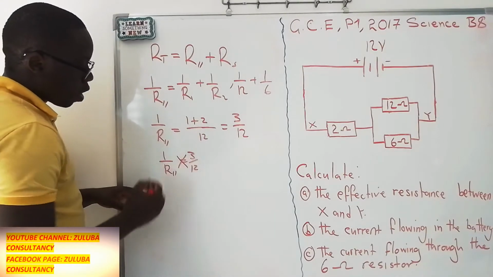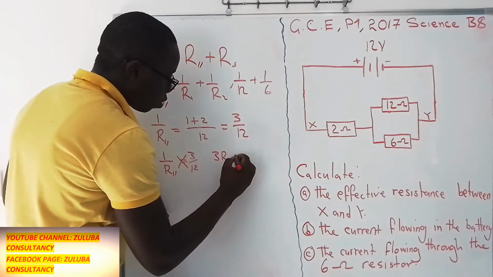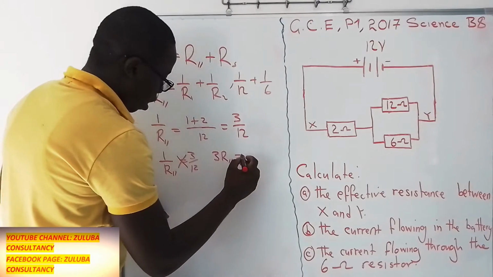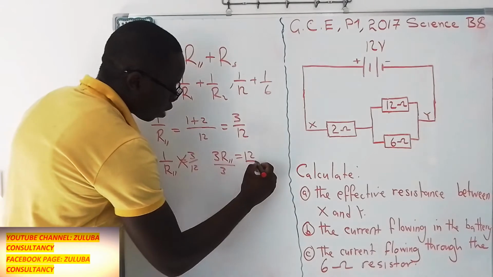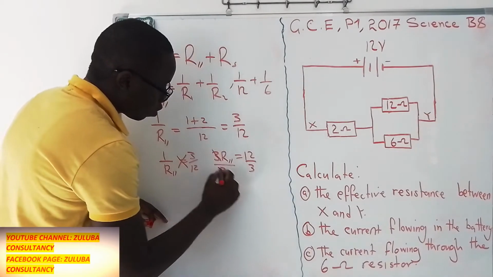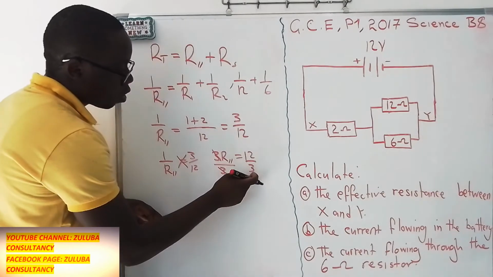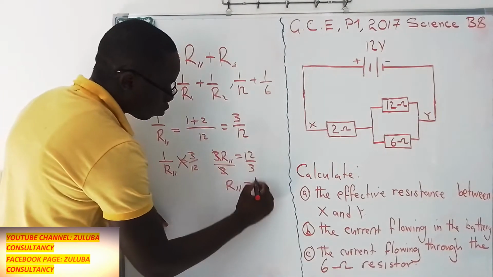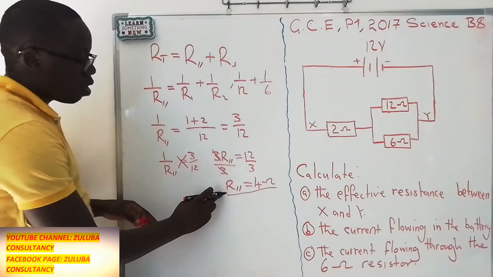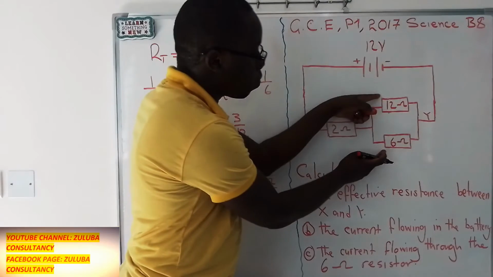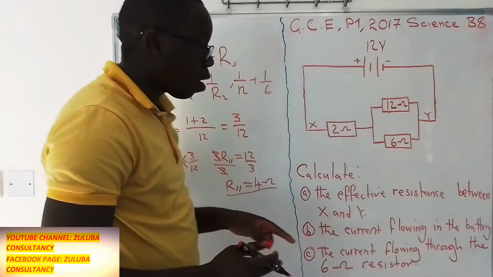When you cross multiply these two, you will have 3 R parallel is equal to 12. You divide by 3, you divide by 3. This will simplify. You have R parallel is equal to 12 divided by 3, it gives us 4 ohms. So this is the effective resistance that is being produced from these two parallel components there.